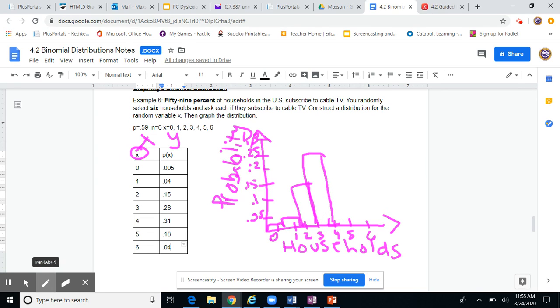For 4, it is 0.31, so that is our highest. For 5, it's 0.18. And the last one is 0.04, right about there. And you can give a title. We'll do cable TV subscriptions as our title.